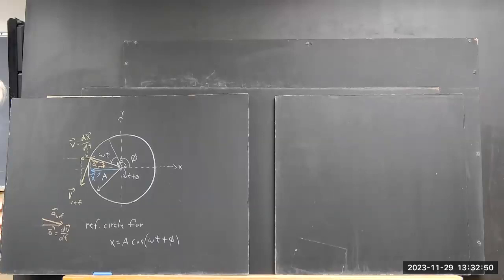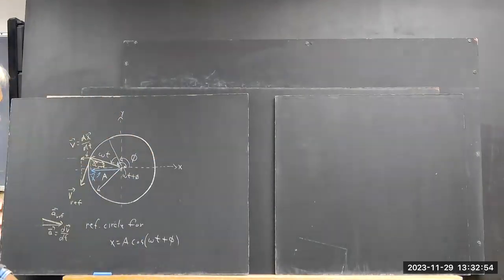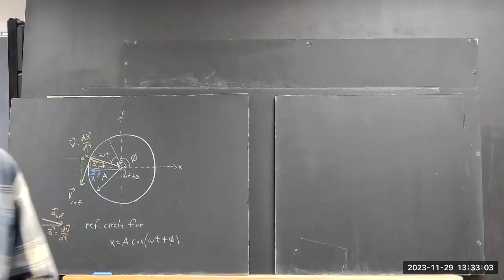So my question is, at what point is this component of the reference velocity zero? At what point on the circle?